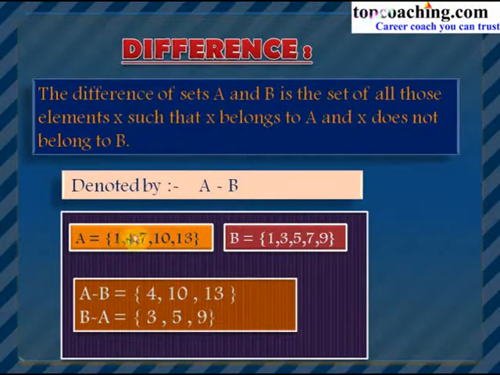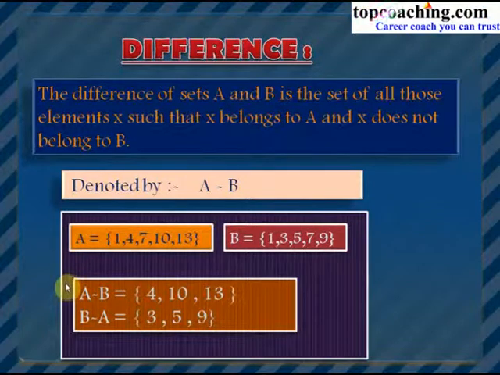We look at 4. 4 is not contained in B, and so it would come here. The 7 is also an element in B, so it won't be included. 10 is an element that is not in the set B, and so that would be included. And 13 is also an element that is not in set B. So A minus B would be the set 4, 10 and 13.